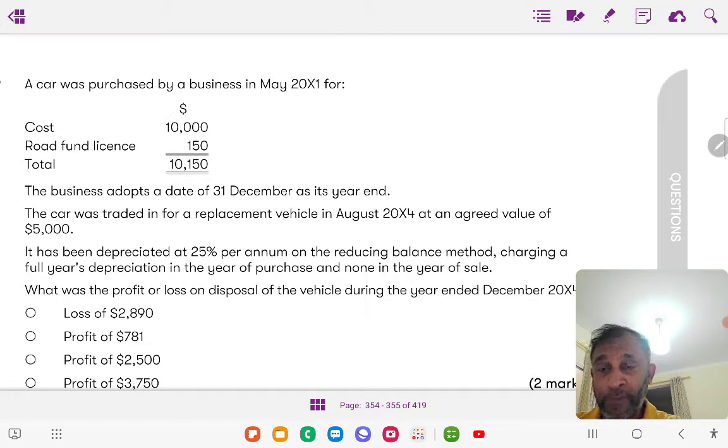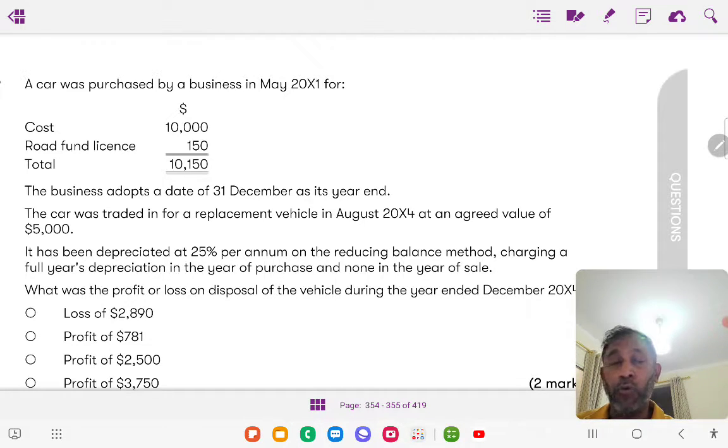Even if you don't pay this 150, it will not stop you from purchasing the car. It is only a problem to drive the car on the road. When the police catch you, you may have to pay a fine. However, you can still keep the car in your house. No issues at all. The car is in workable condition.